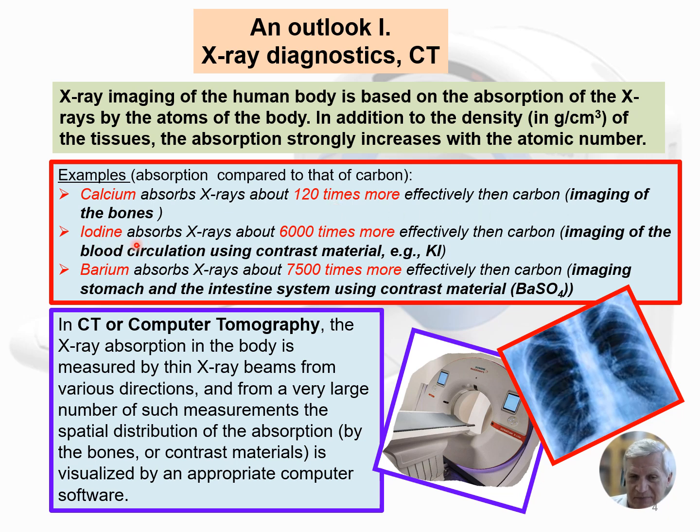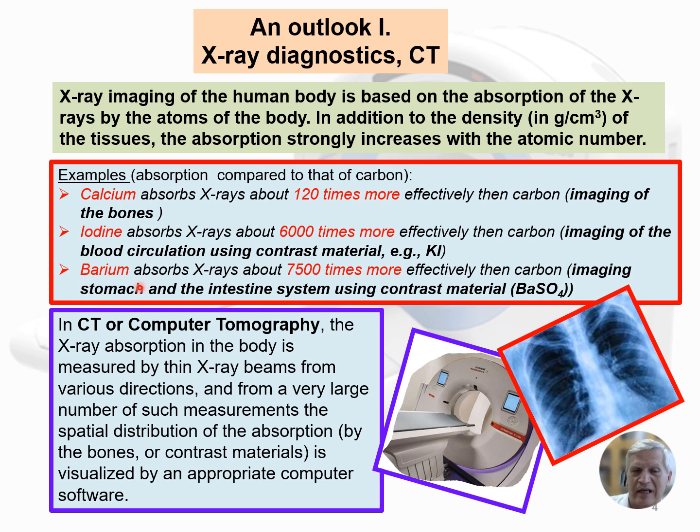For iodine, the absorption is 6,000 times more effective, and therefore it can be used if you get, intravenously, some potassium iodide injection. Then blood circulation can be followed in your body, maybe in the lung, in the kidney, in the brain, and so on. So this is a typical contrast material. For calcium, of course, this is the best thing to image the bones.